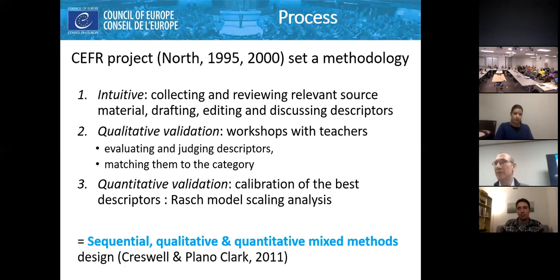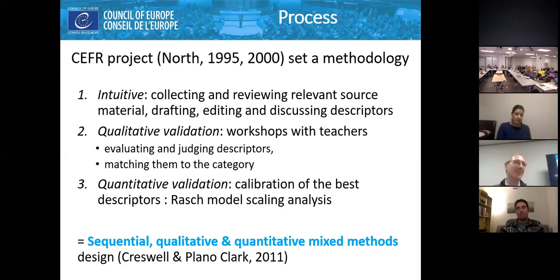And the idea with the qualitative is to first of all get a bunch of teachers, and in this project back then we had 32 workshops, get a bunch of teachers to evaluate your draft descriptors, because teachers are very good at criticizing things. You know, they're very good at saying what they don't like about things, and you can even get them to suggest improvements.